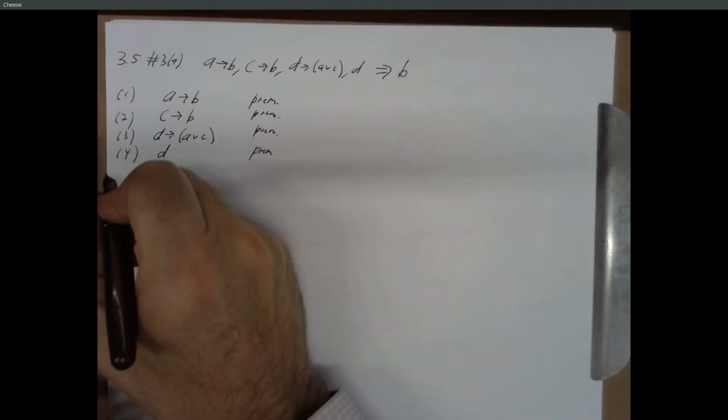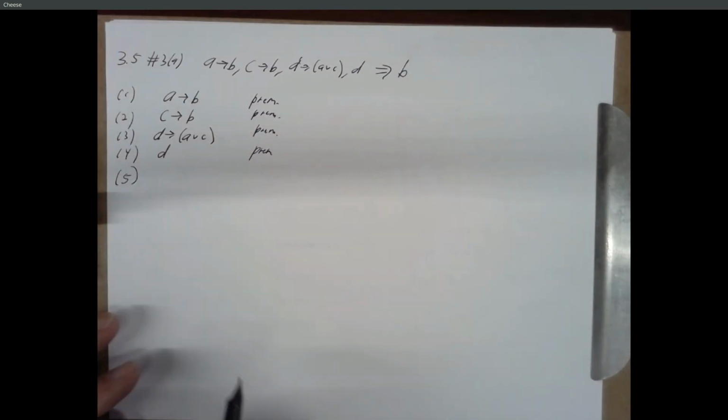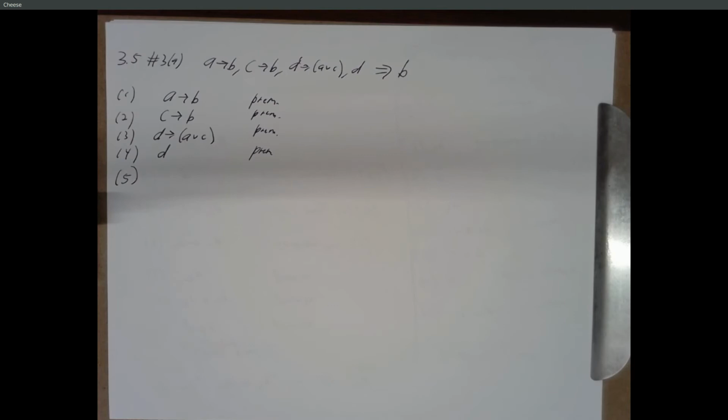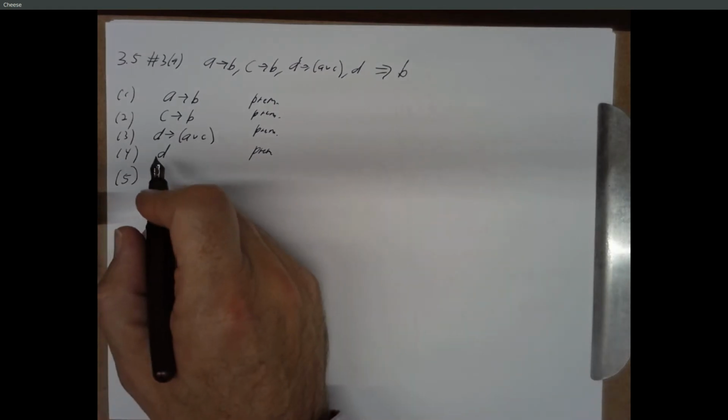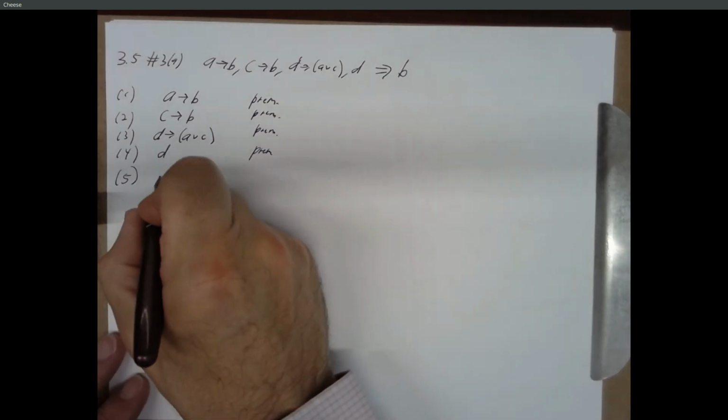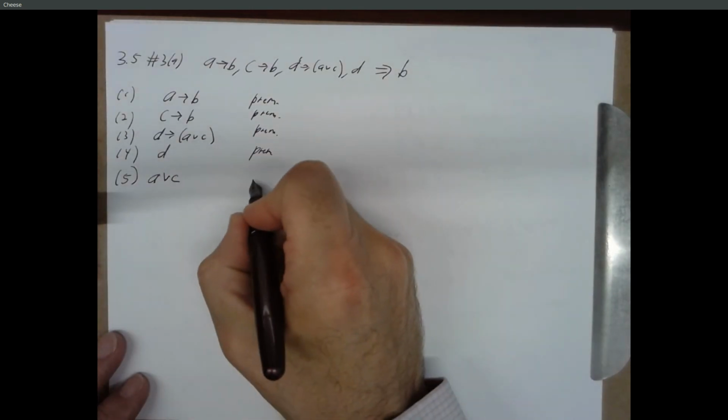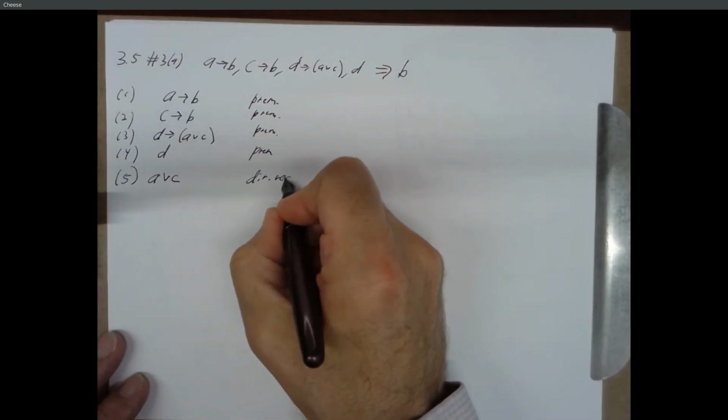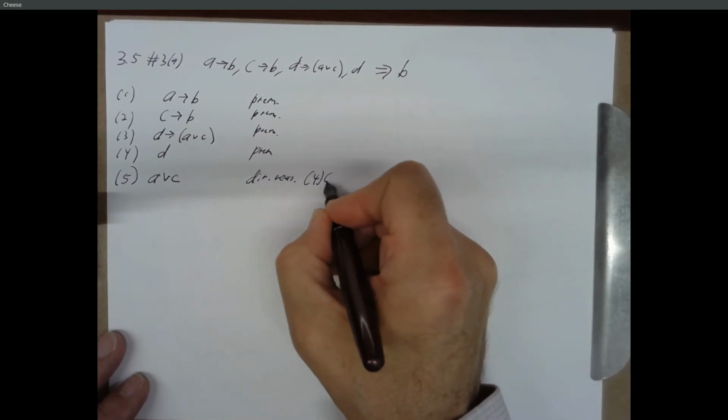So let me show you a way to do this, and this is not an easy thing to prove directly, but it's going to turn out to be very easy indirectly. We know that D is true, we know that D implies A or C, so we can conclude A or C. That's direct reasoning. 4 and 3.